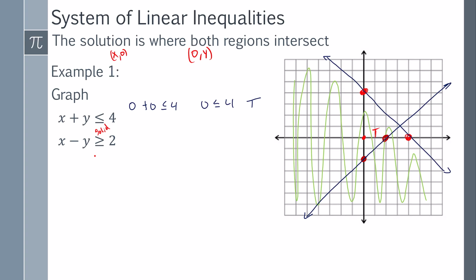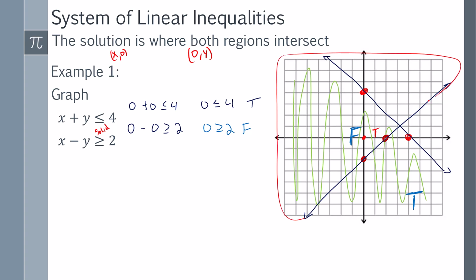Test a value. I can pick 0, 0 again. In this instance, I get 0 is greater than or equal to 2. Well, that's false. Because that's false, that side is false. That means that this side is by default true.